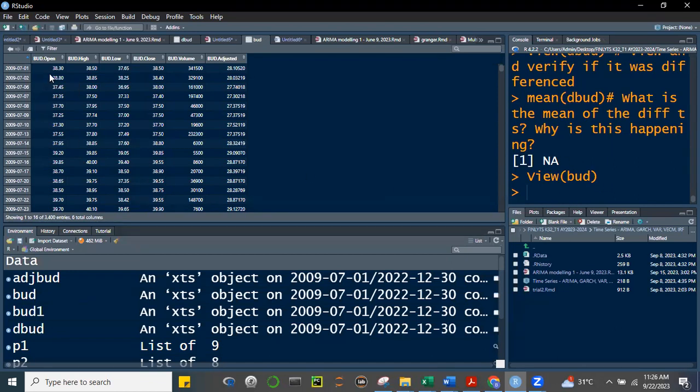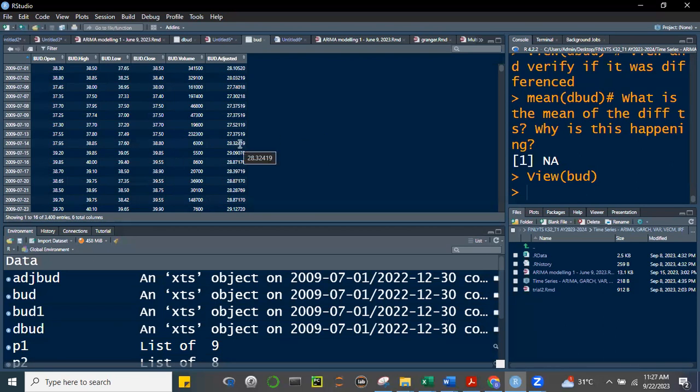And then we said quantmod will give us the opening, high, low, close, OHLC, with the volume and the adjusted price. So in finance, we oftentimes use either the closing price or the adjusted price. Sometimes the closing and the adjusted are far apart, sometimes it's quite near, sometimes it's just the same.